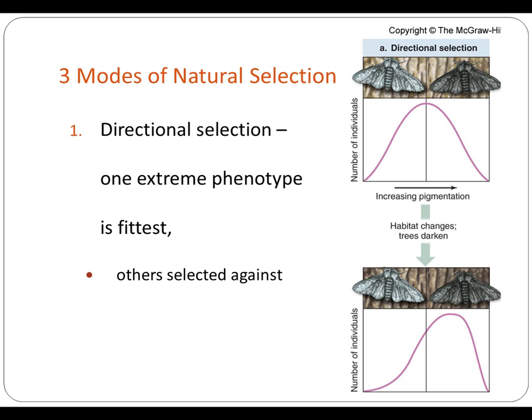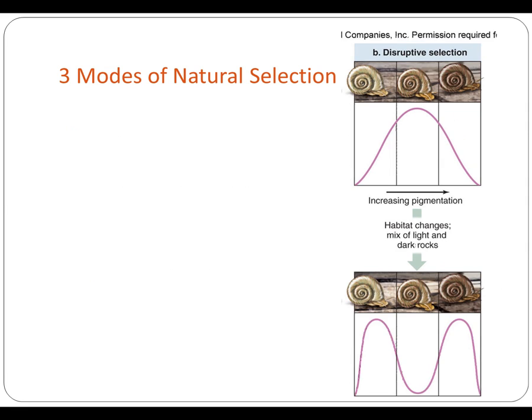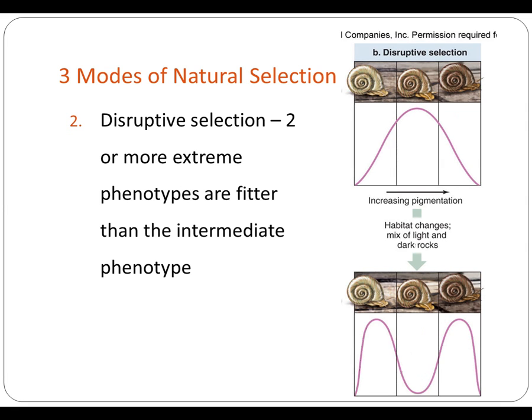Am I okay to move away from directional? The next type of selection is called disruptive selection. And in disruptive, in this case, we have our allele frequencies.